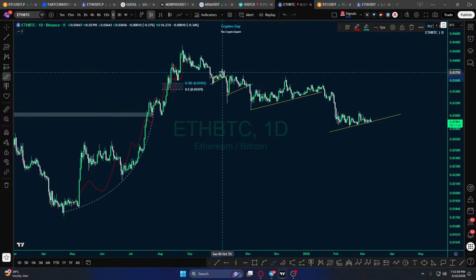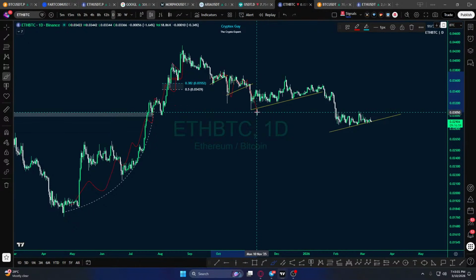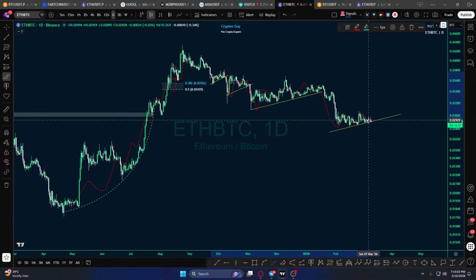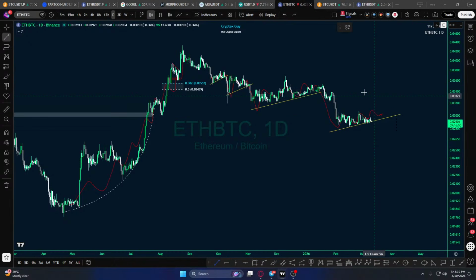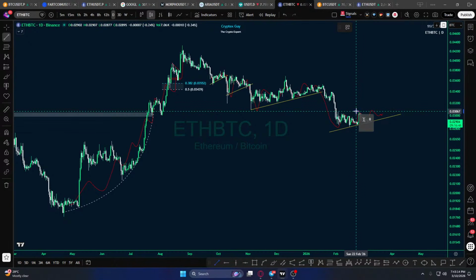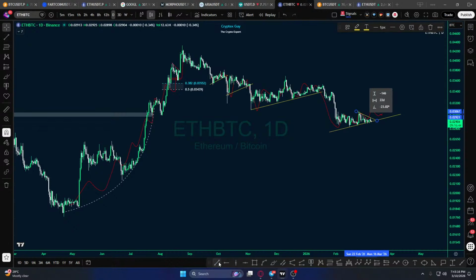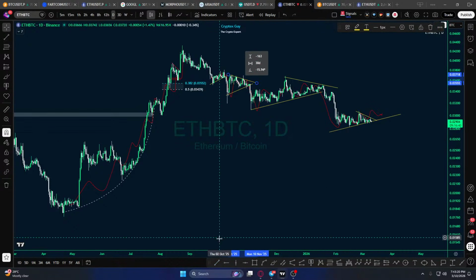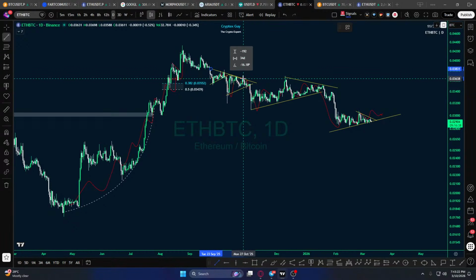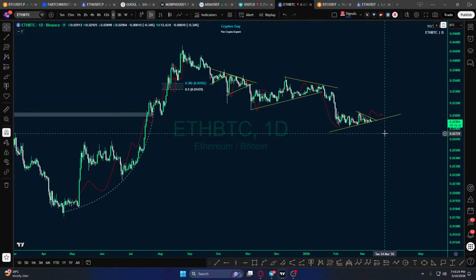Consolidation, then dump, then consolidation, then dump, and now we are consolidating again. Once we are in the distribution phase, or the dump phase, we don't form a higher high. We form an asymmetrical type of triangle, and we don't go above this trend line. That's how it goes.